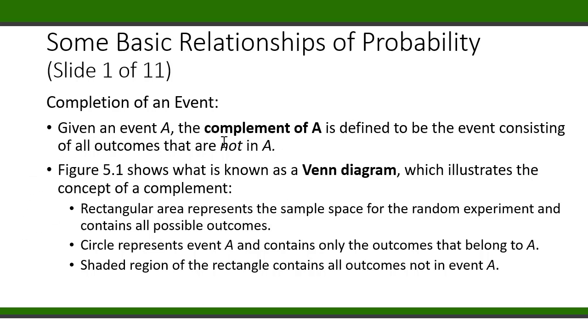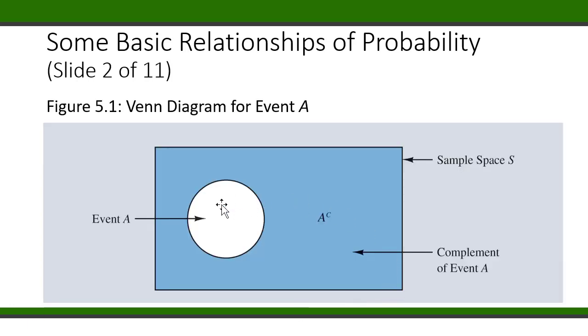And a complement is defined to be the event consisting of all outcomes that are not A. So if we look at figure 5.1, and this is a Venn diagram, we've got event A and the complement of event A. So everything that's not A. And then all our outcomes, this is the sample space.